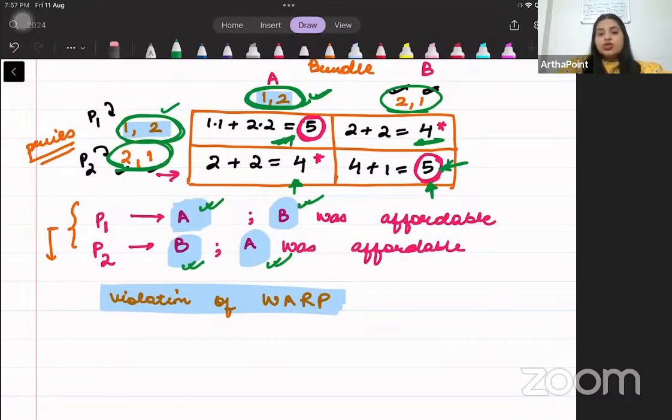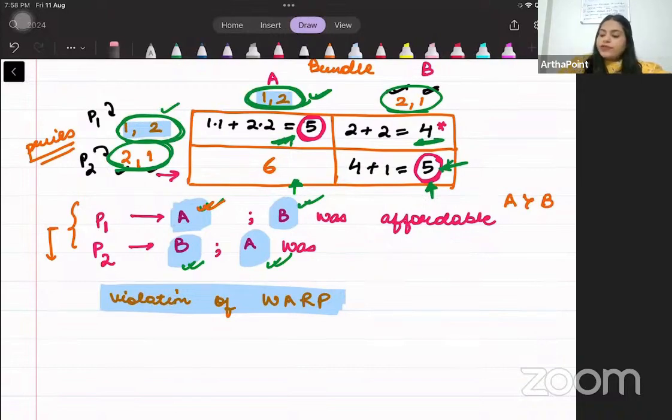that is called violation of what? What if A costed 6? Okay, good question. So beta, if A was costing you 6, now think about it. When you purchased A, B was affordable. Meaning you showed that you are preferring A over B. But when you purchased B, A was not affordable.